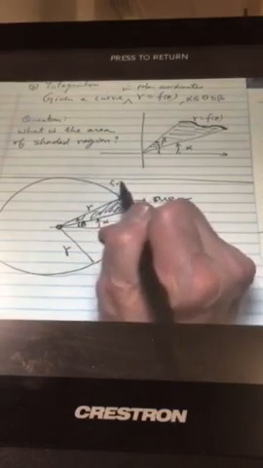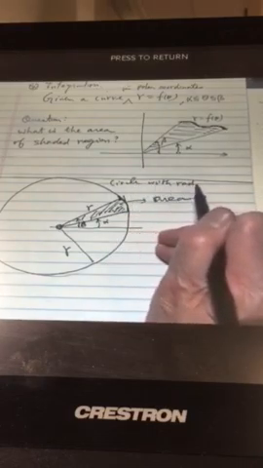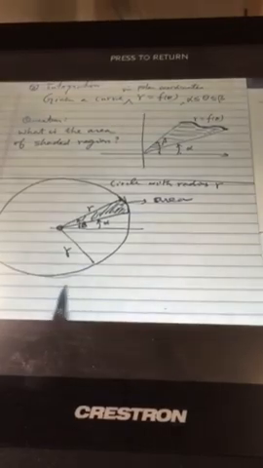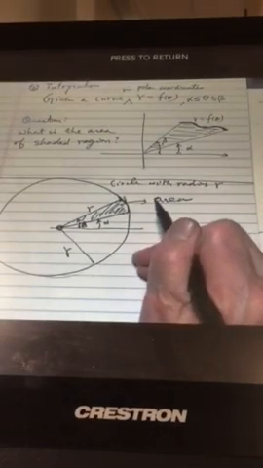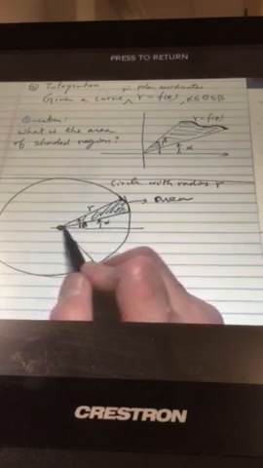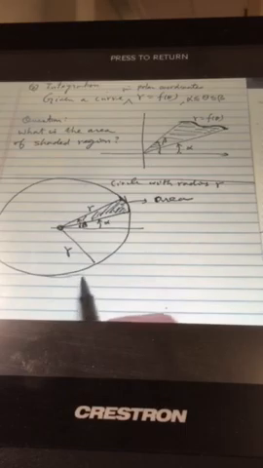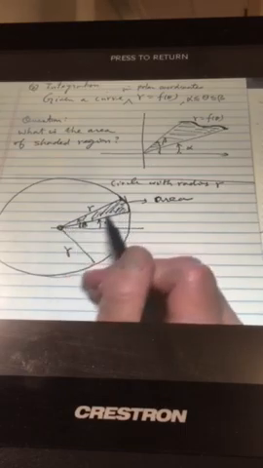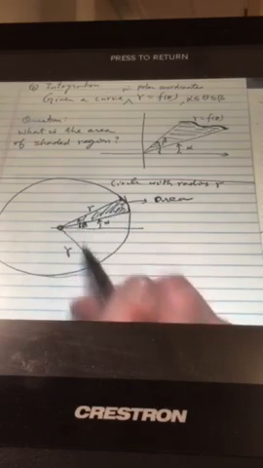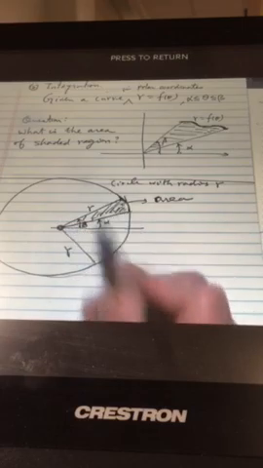I have a circle with radius r, and I have a piece just like a slice of pizza. The pizza has angle from alpha to beta, and I want to find out the area.